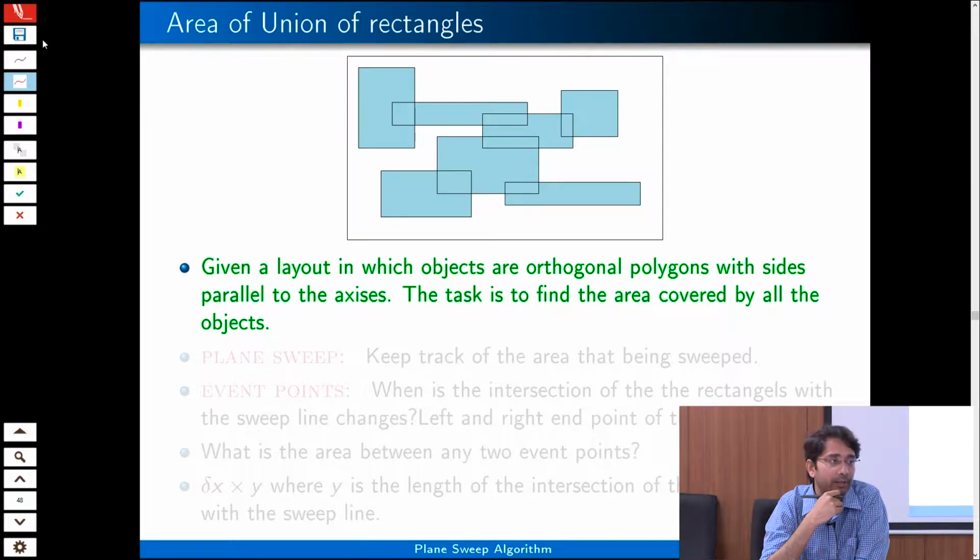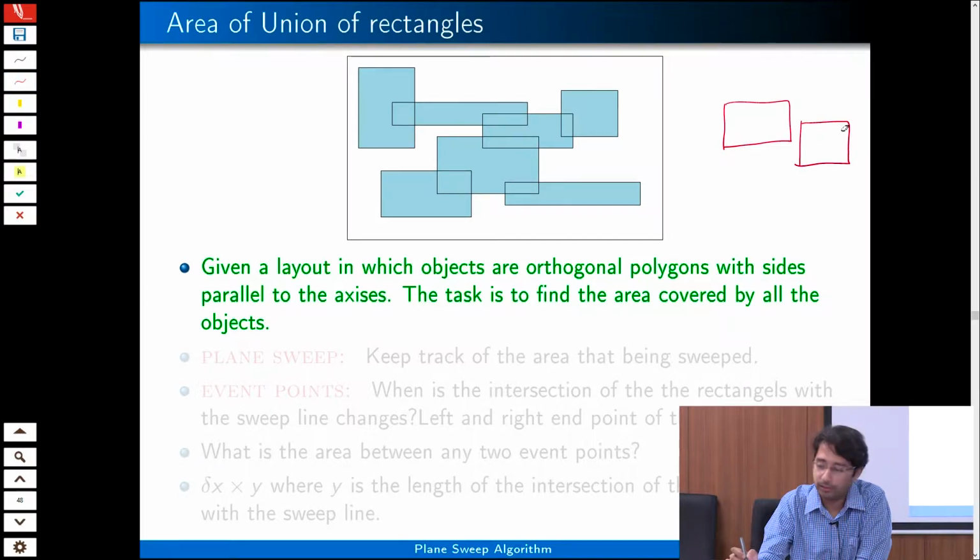If they are disjoint, then it's easy, just sum. Suppose they are not, then sum of the areas minus the intersection.